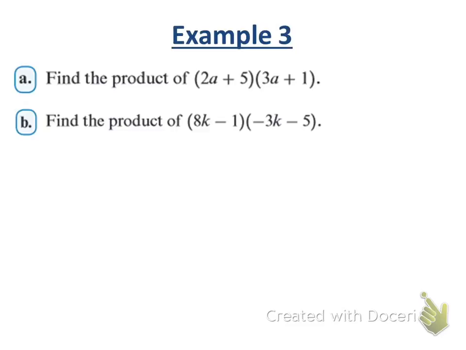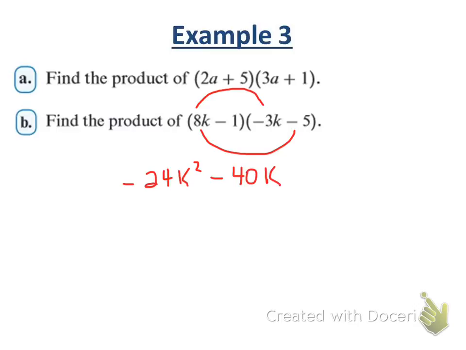Try this one. Got to be careful with signs on this one. If we multiply, distribute, 8k times -3k is -24k squared, not to be confused with -24 carats squared.